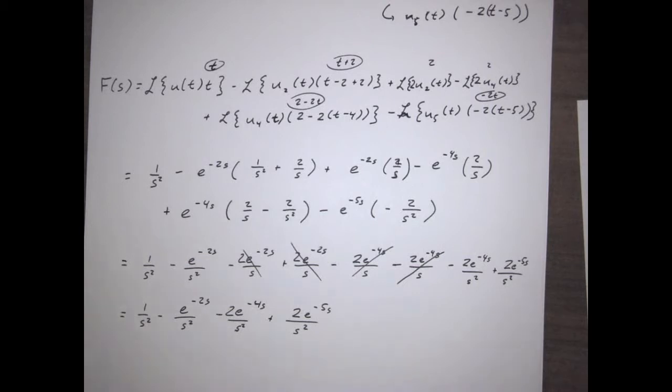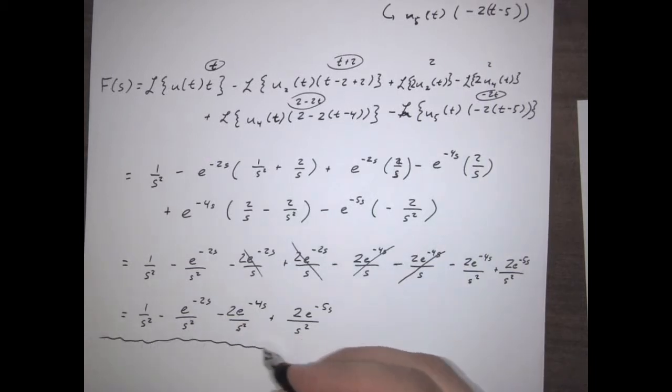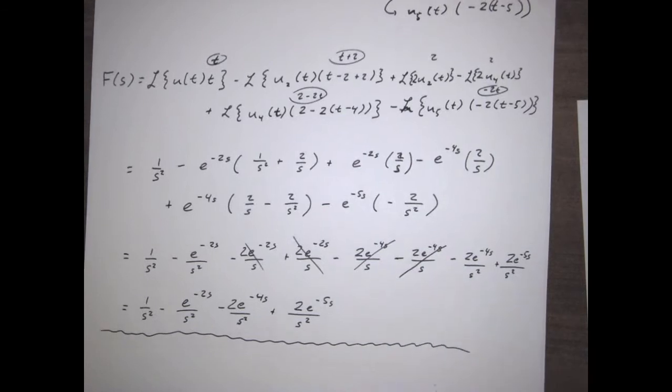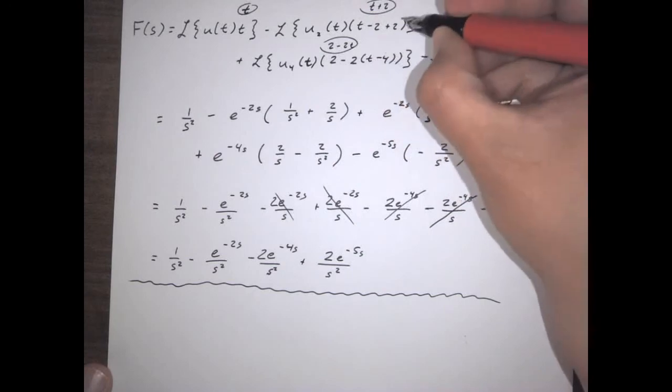The key to all of this is you have to rearrange the expression so that you only have a function of t minus a.